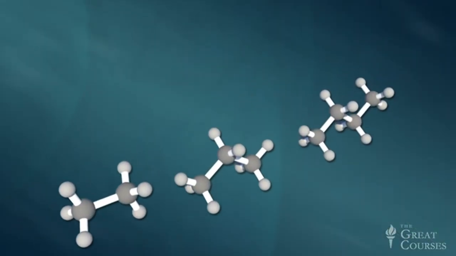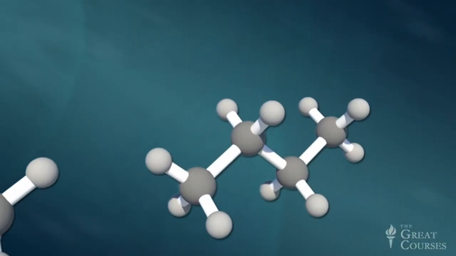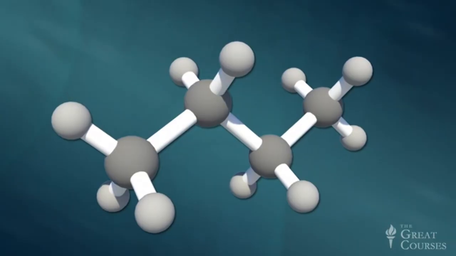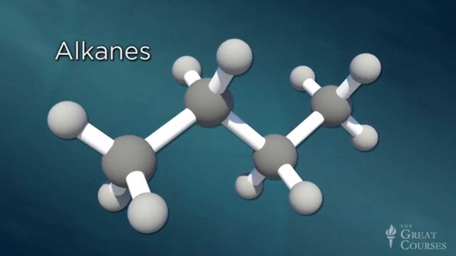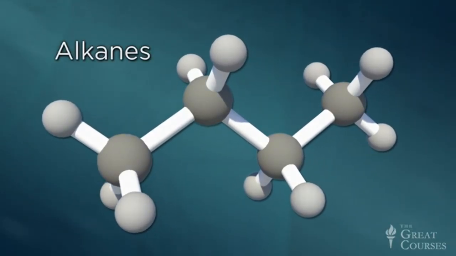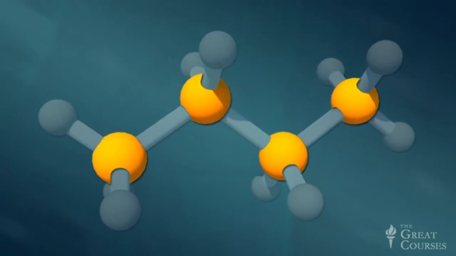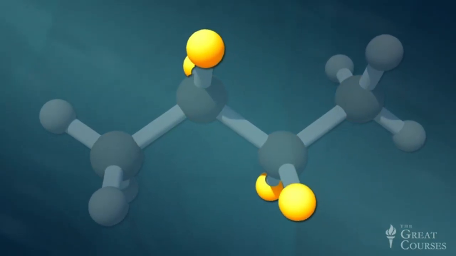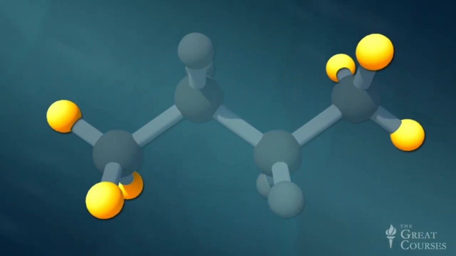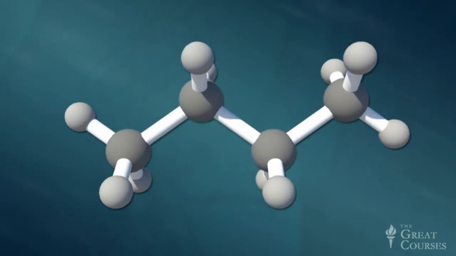Petroleum is a naturally occurring stew of hydrocarbons, organic compounds consisting entirely of hydrogen and carbon atoms. A major component of the unrefined crude oil we pump from the ground is a family of hydrocarbon molecules called alkanes. An alkane is a chain of carbon atoms, each bonded to 2 hydrogen atoms, except at the ends of the chain, where each carbon is bonded to 3 hydrogens.